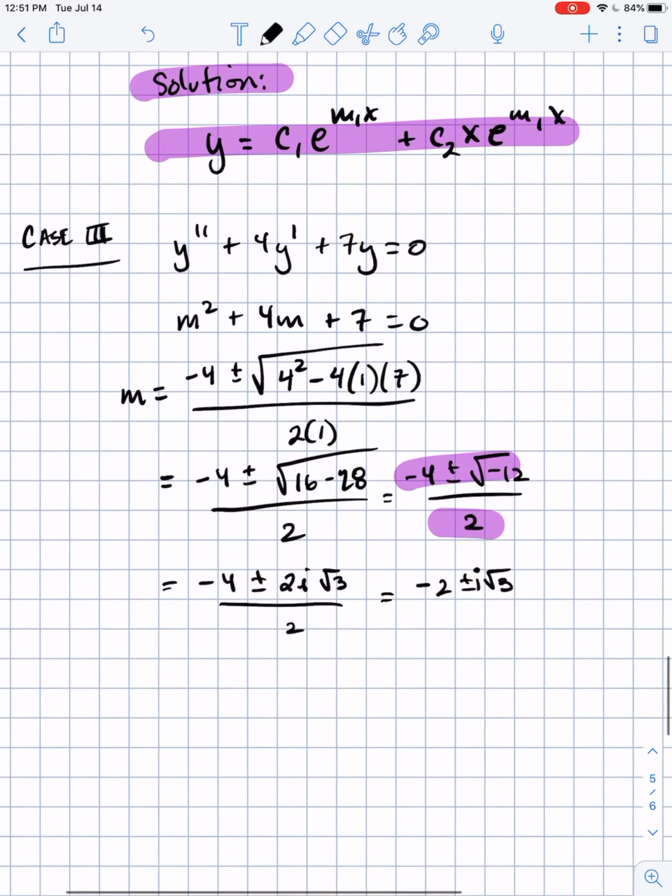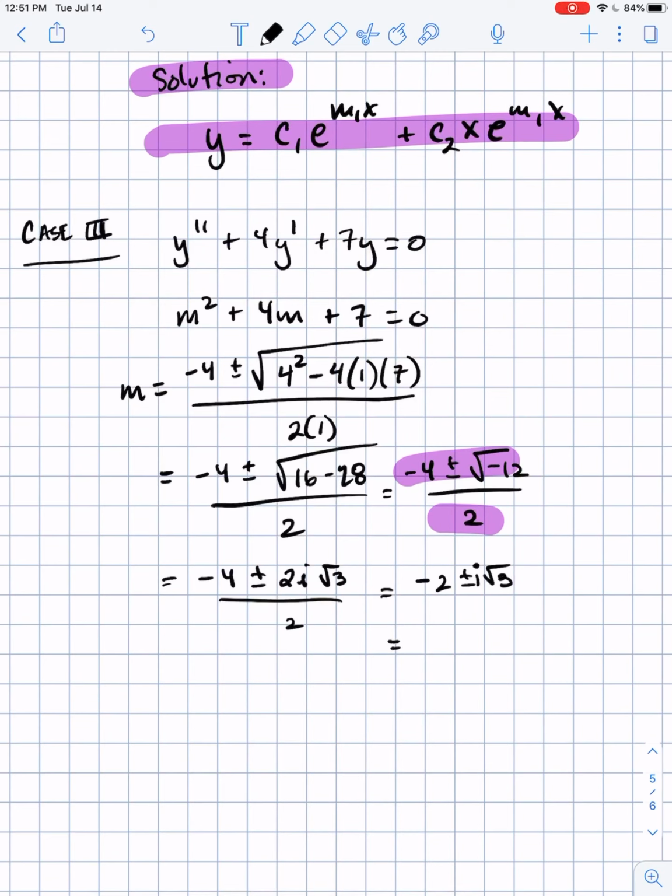Okay, so a couple things. When you write this, the first number is considered alpha. The second number is considered beta, and then it's multiplied by i. So here alpha would be negative 2, beta would be root 3.